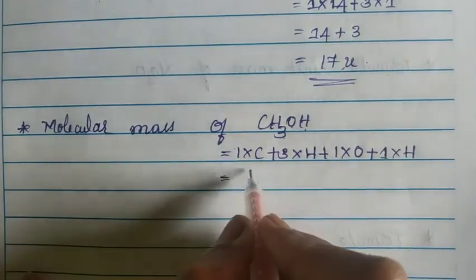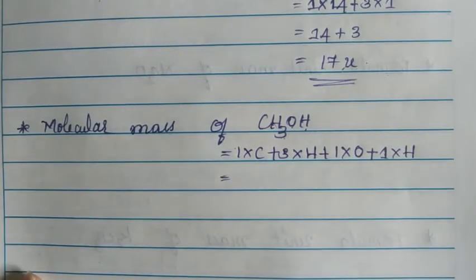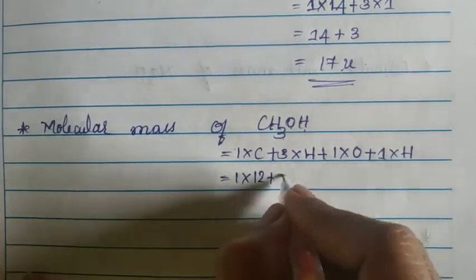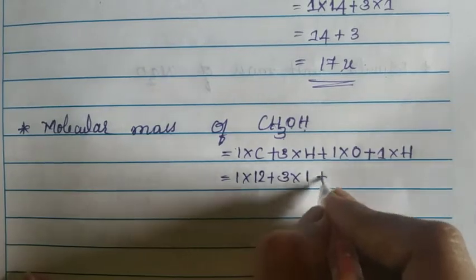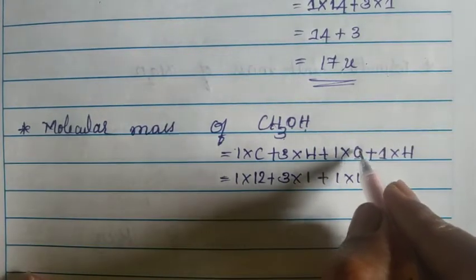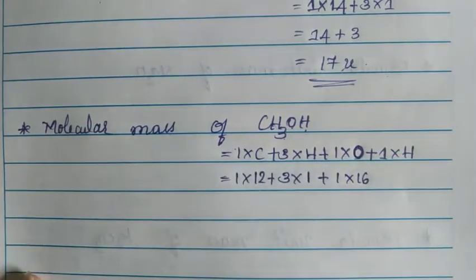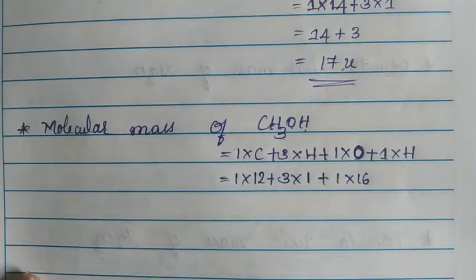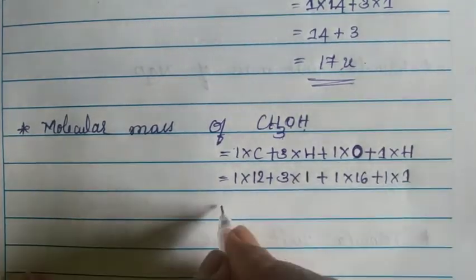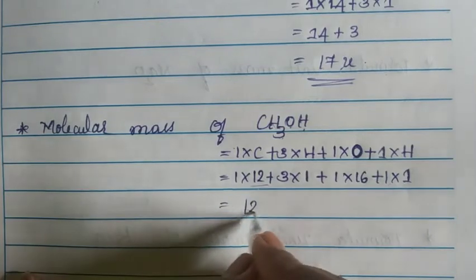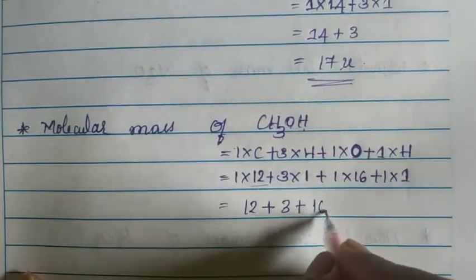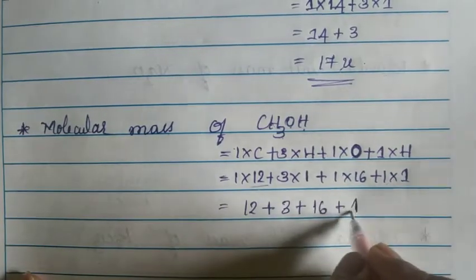Now substitute atomic masses of each of the elements. 1 into 12 plus 3 into 1 plus 1 into 16. See children, this is not 0, this indicates O. Oxygen atomic mass is how much? 16 plus 1 into 1. 12 ones are 12 plus 3 ones are 3 plus 16 ones are 16 plus 1 into 1, 1.